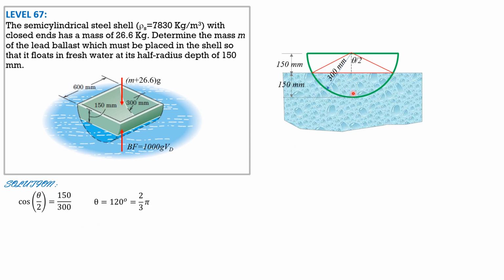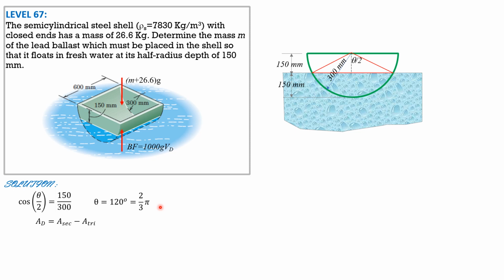Then this area displaced here is area of sector minus area of triangle. So the area of sector from plane geometry is 1/2 of the radius squared, 1/2 of 0.3 squared times central angle in radians, while the area of the triangle is 1/2 product of adjacent sides times sine of the included angle, which is 120 degrees, or 2/3 pi if your calculator is in the radian mode.